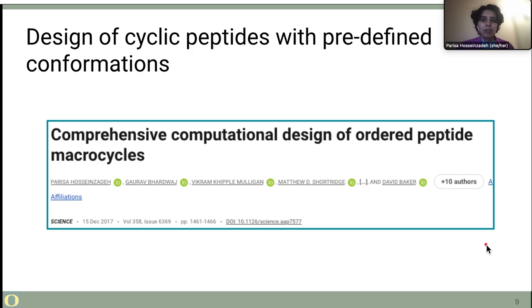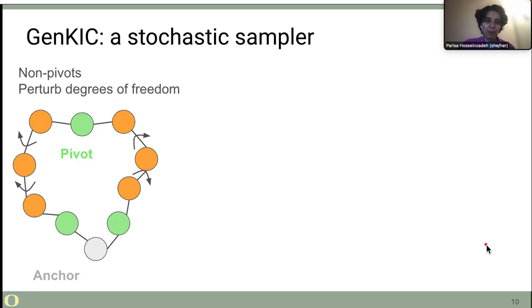The first paper by myself and others showed that designing cyclic LD peptides with three predefined conformations is actually doable. One of the hearts of this paper was that we used GenKIC, which is a stochastic sampler. So it has an anchor, and then it has 3 pivots.